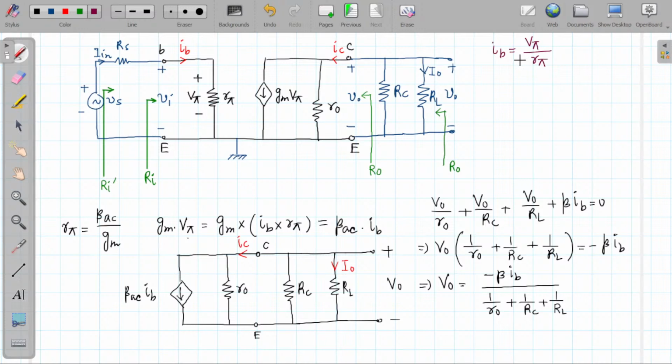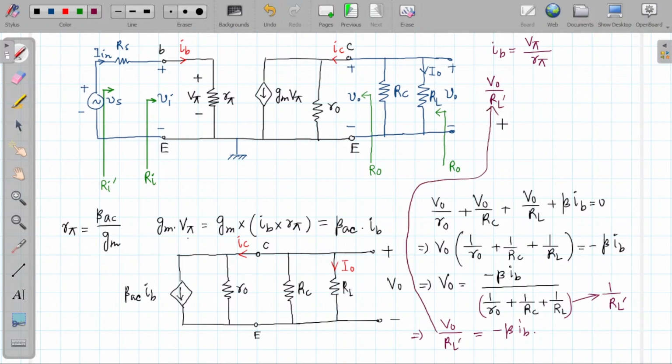Now from this equation, if I denote this part as 1 by RL dash, then we can write V0 divided by RL dash equals minus beta into IB. IB value is this one.